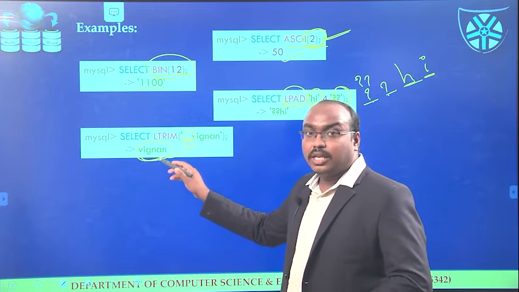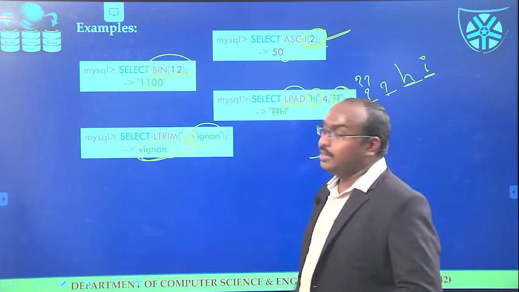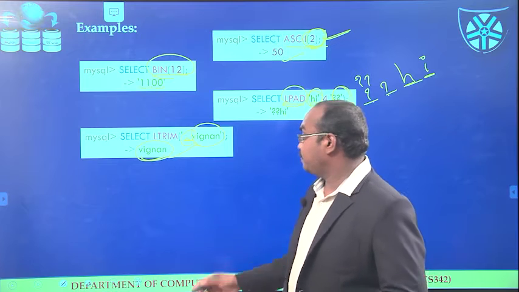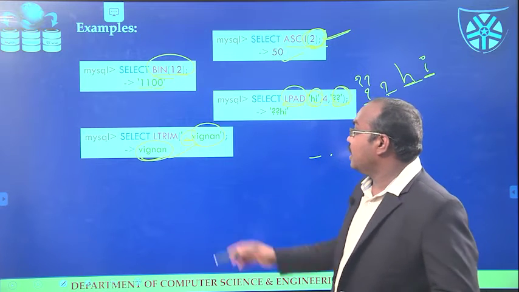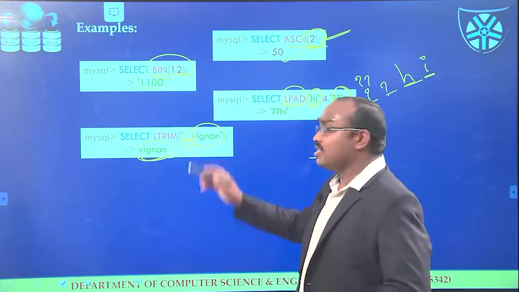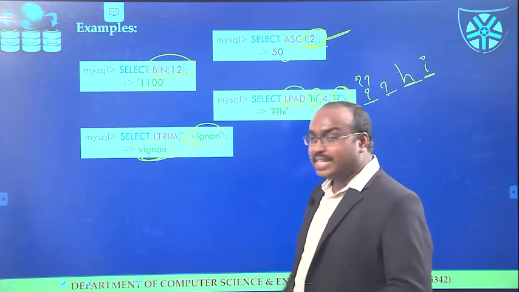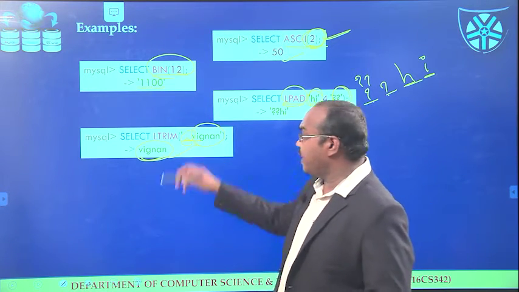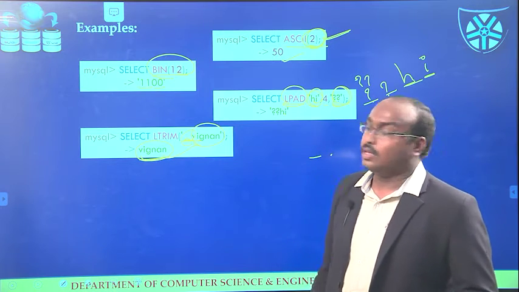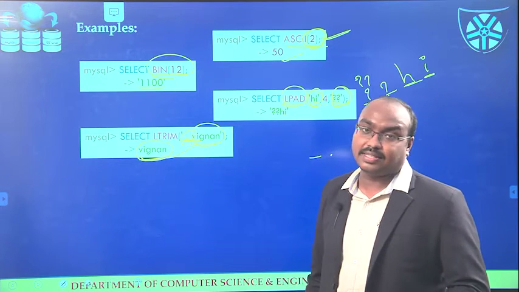Finally it will return only the string in the function. So the LTrim function will remove the leading space in the string. That space will be removed, and then it will return the string. So here it will return the Vignan string.